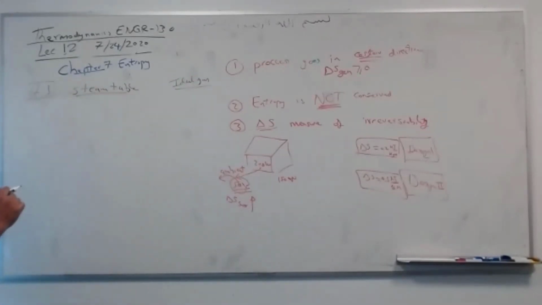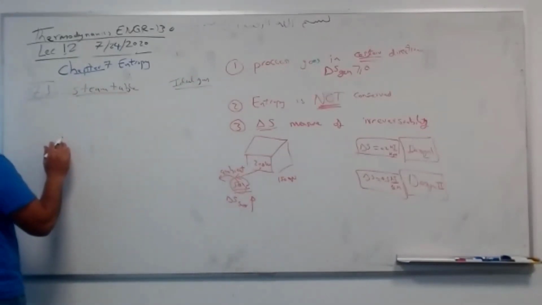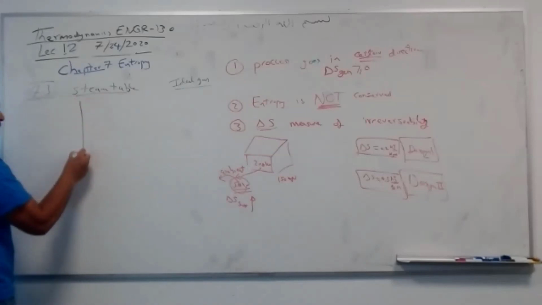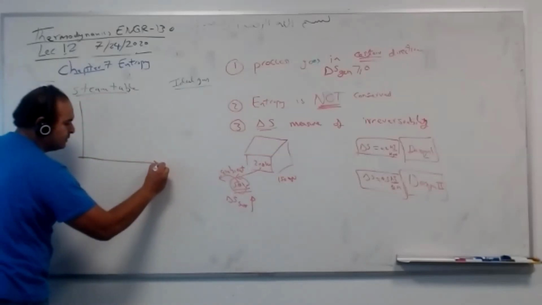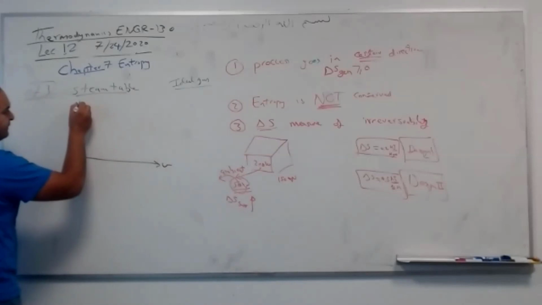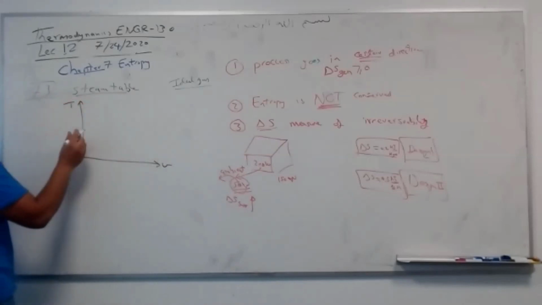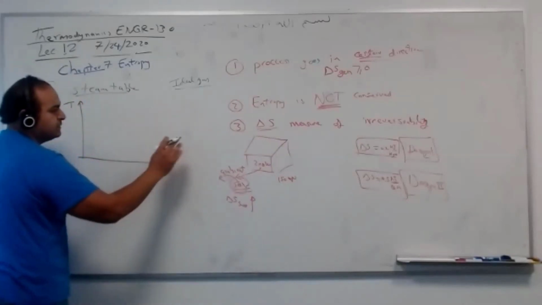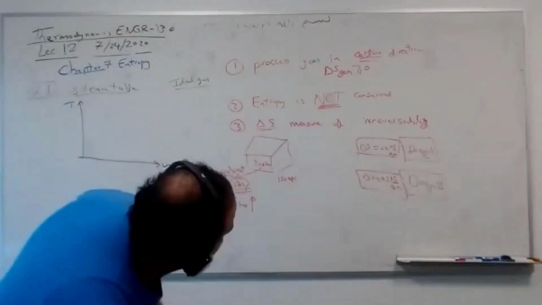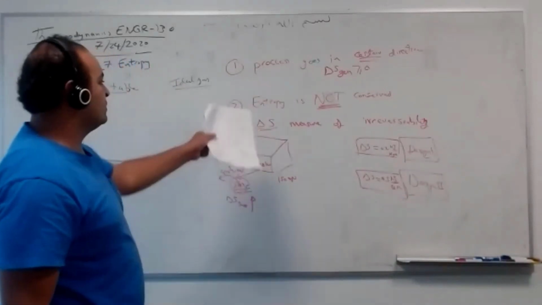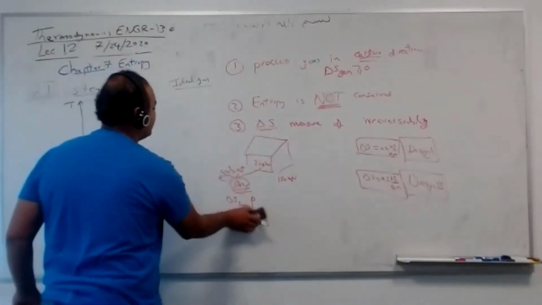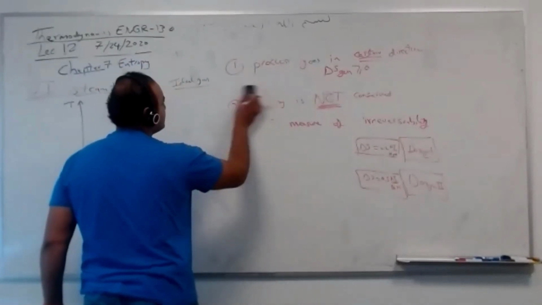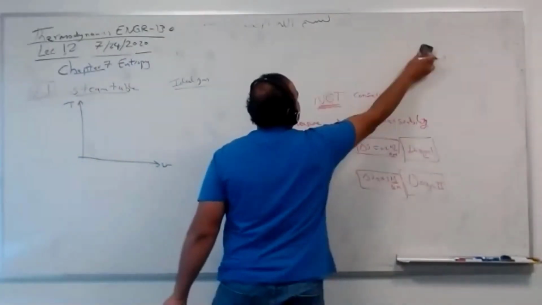Steam table, guys, now updated. So we have three principles. Delta S is always greater, it's not conservative, it's a measure of irreversibility. These are the three basic principles of entropy.